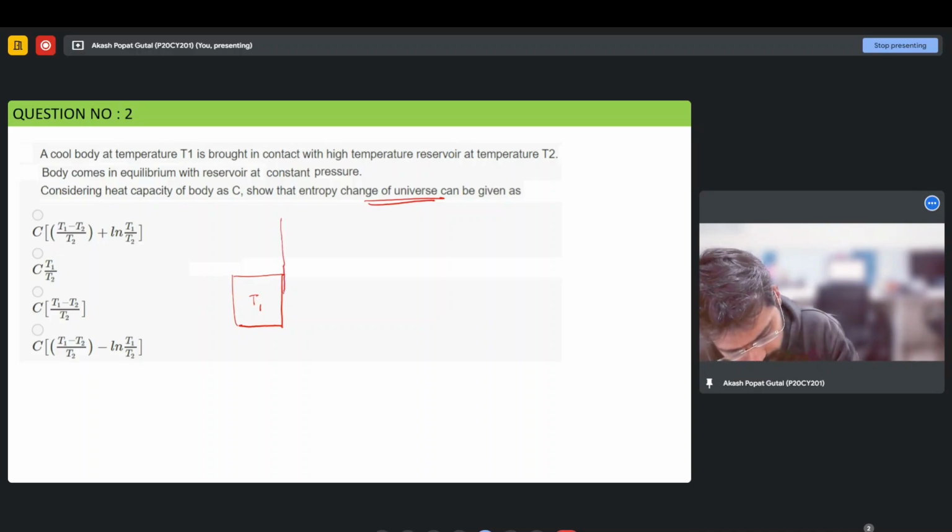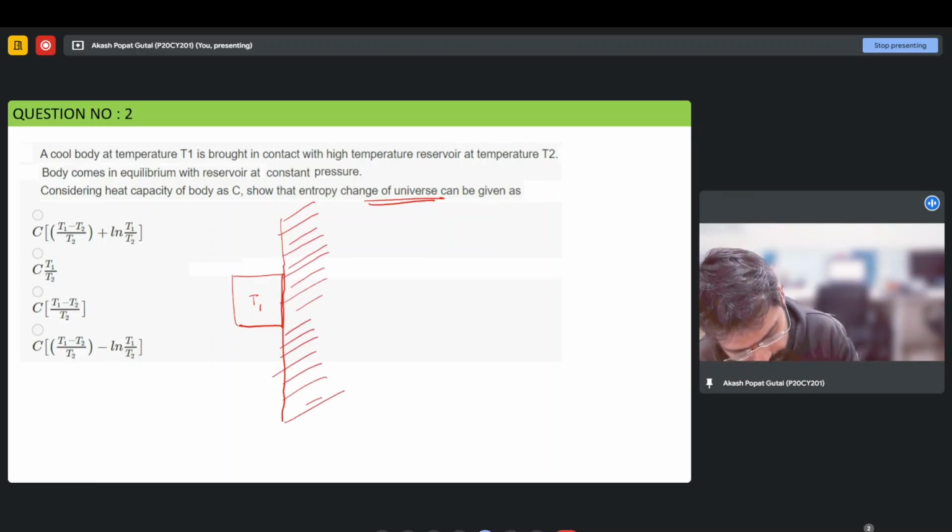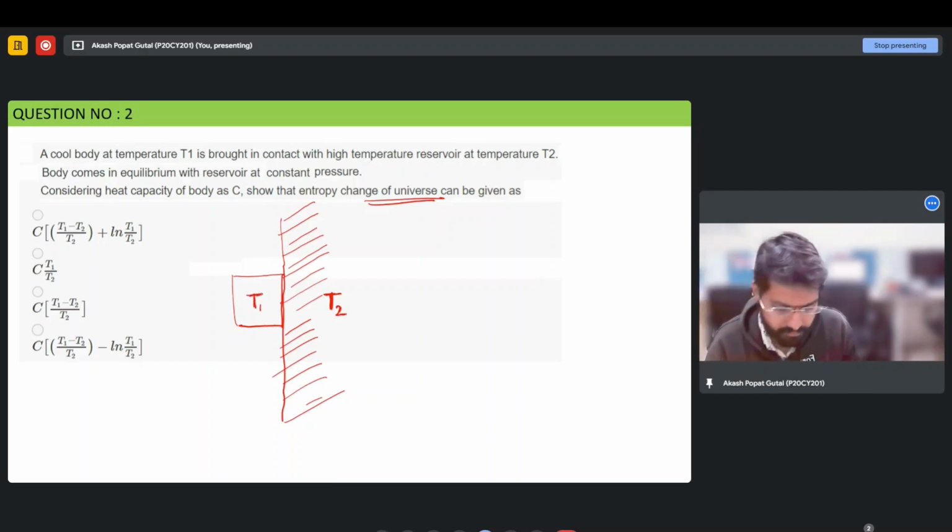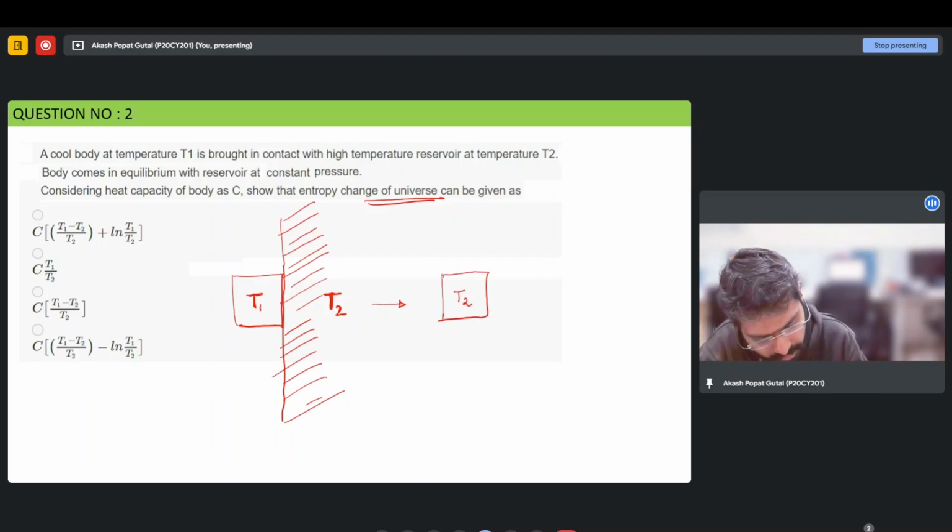We are keeping it in contact with a reservoir at temperature T2. And what happens after time? Equilibrium will happen, and this T1 will become T2. So this cold body temperature will become equal to the reservoir temperature T2.